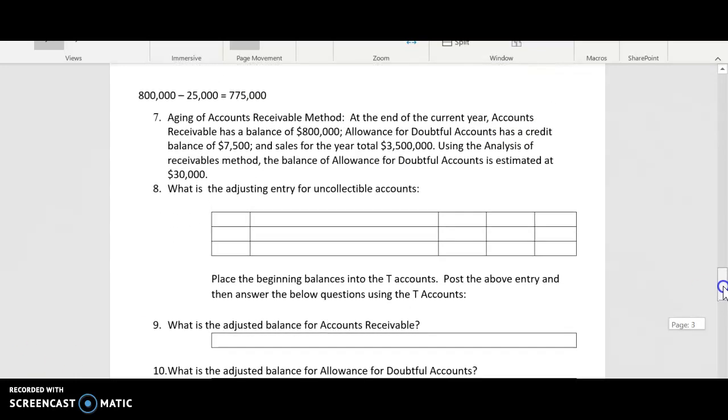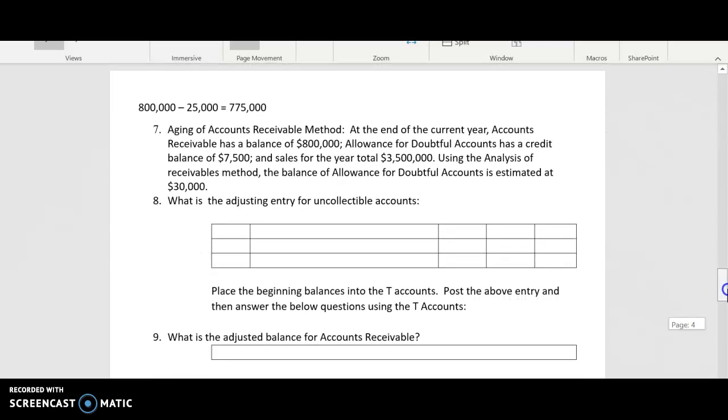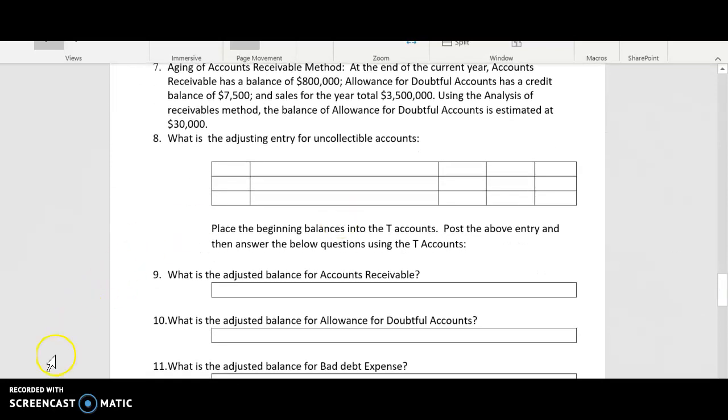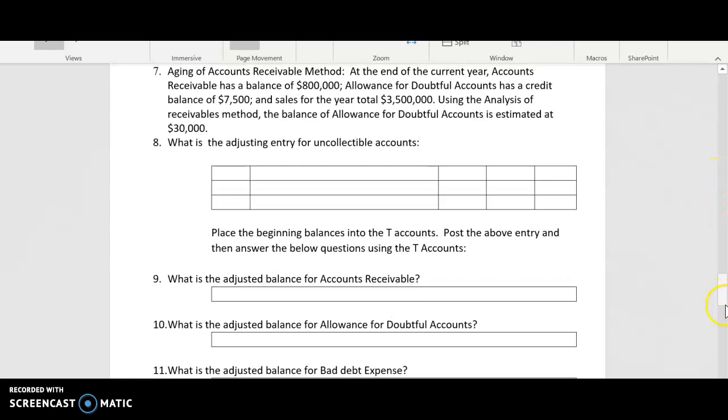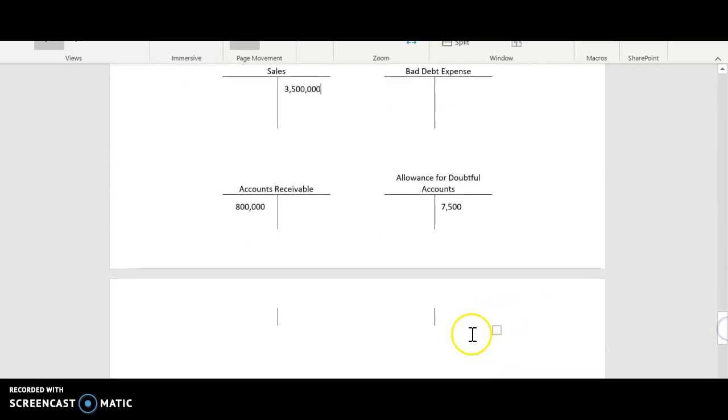Here's what I mean. First, we need to put the beginning balances into our T account. So I'll go ahead and do that. Okay, so I've entered my balances into the T accounts. Now, here's what it's saying. We want my ending balance in the allowance account to be 30,000. So how much do I need to put into my adjusting journal entry to get my 7,500 to the 30,000? If I subtract 7,500 from 30,000, that'll tell me how much I need to put into the account.